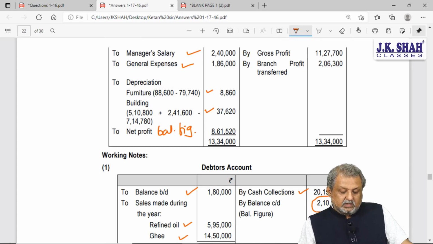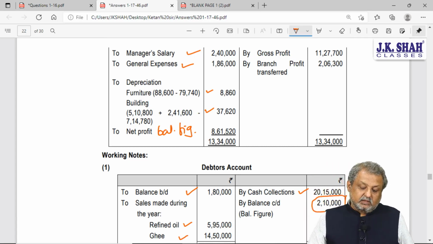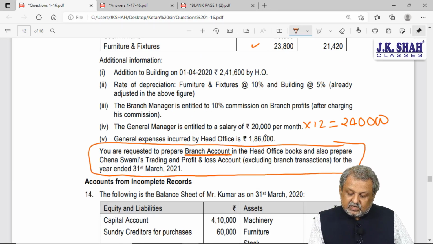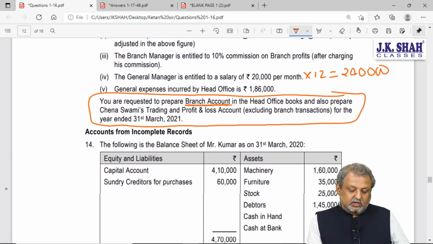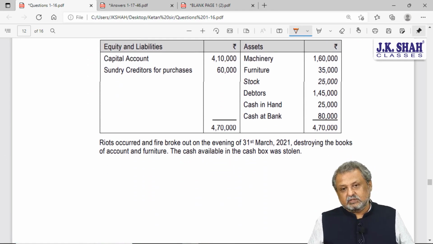So basically branch account, a very simple thing, but most students will not look at this last sentence and understand exactly what is to be done. So that is something that you will have to pay attention and be careful at.